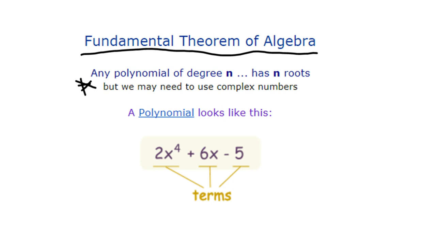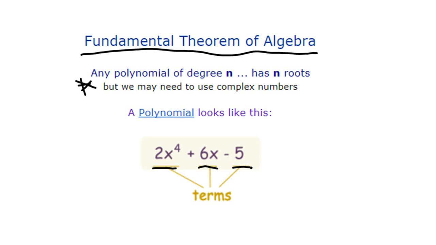So this kind of eliminates that no solution part when we are talking about numbers, and this lets us know that yes, in fact, there should be roots. No matter if they're complex or real, there should be roots for any of the problems we're looking at. If we look at a polynomial, right here we have 2x to the fourth plus 6x minus 5. Each of those are our terms.